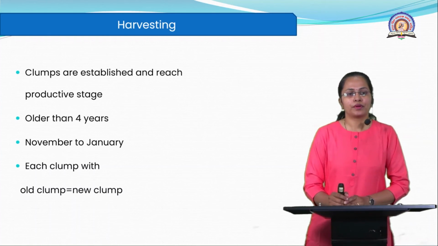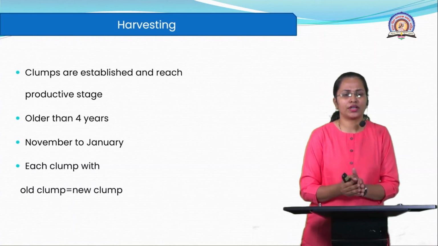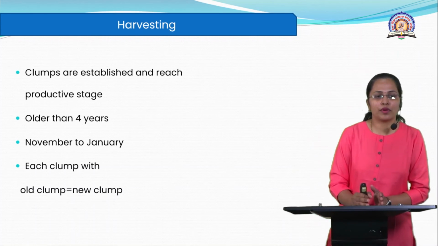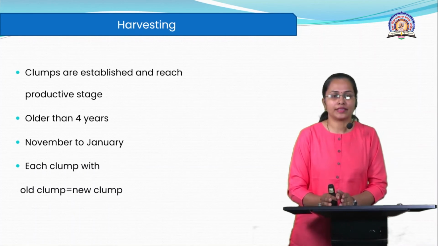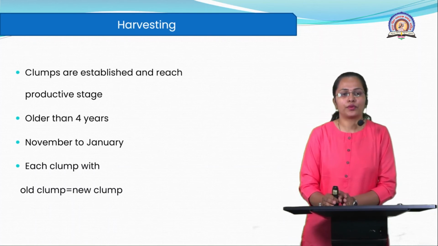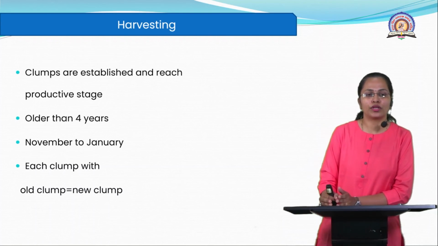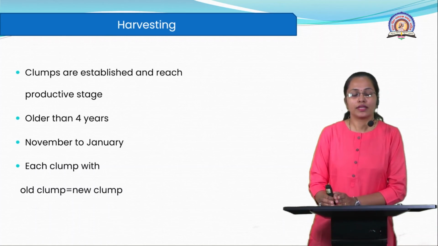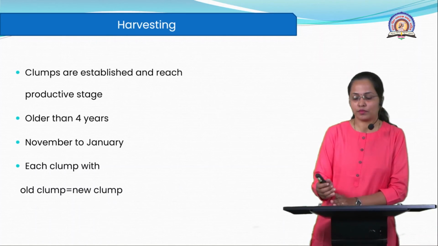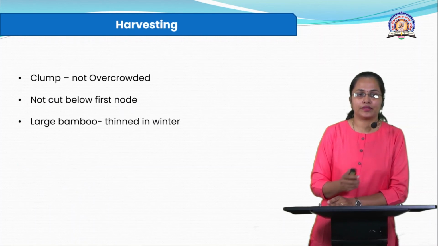Each harvested clump should have an equal amount of old clump as well as new clump. At the time of harvesting, we have to maintain the ratio of old and new clumps, which is nothing but 1:1. An equal amount of old and new clumps should be harvested at a time.